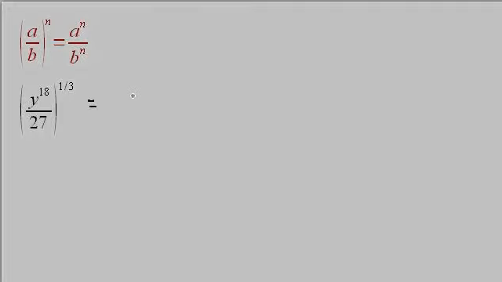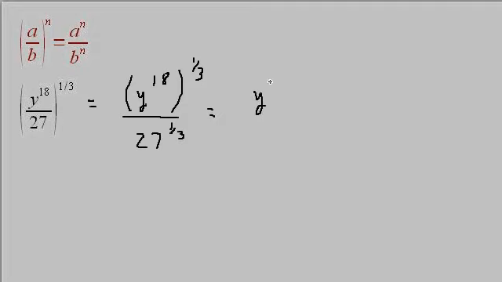So this is going to give me y to the 18th raised to the 1/3 over 27 to the 1/3. So this is y to the 18 times 1/3 over, and then 27 to the 1/3.